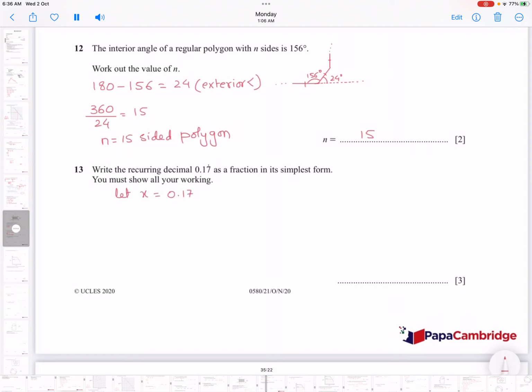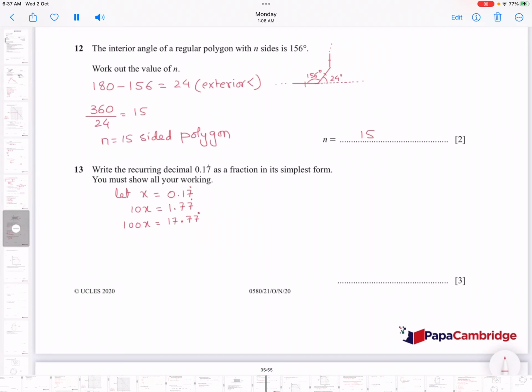So you let x is equal to 0.177... Now try to bring 17 before the decimal. So you multiply both sides by 10. So you get 10x equals 1.77. Now you multiply both sides by 100. So you get 17.77. So you brought 17 before the decimal.